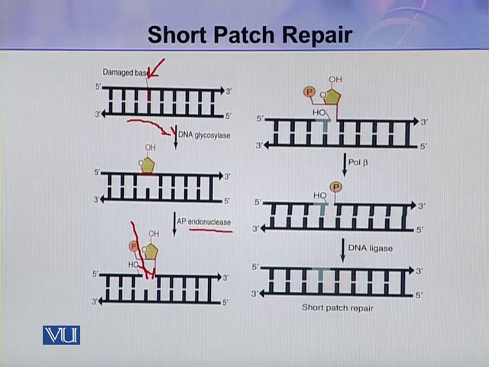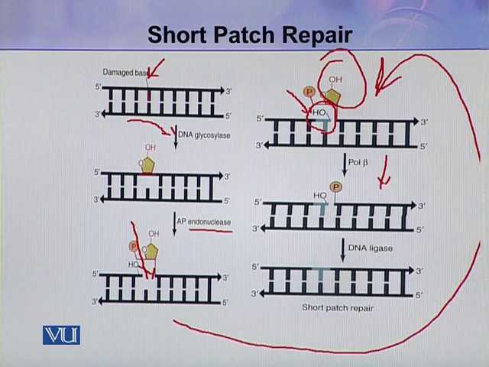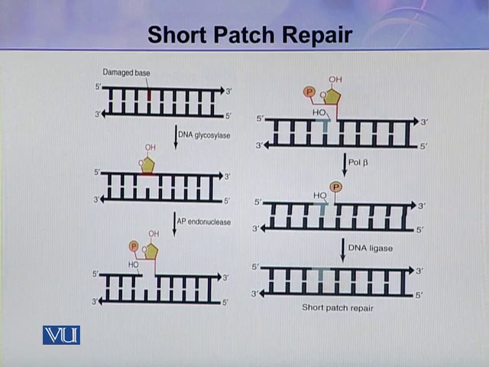So in the next step, you can see this blue one, this new deoxyribonucleotide has been added by pol beta, and then in the next step this 5' deoxyribose phosphate has been removed, and finally DNA ligase fills in the gap and ligates the two ends. So this is the summary of short patch repair.